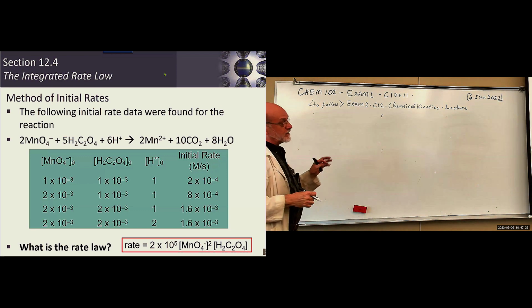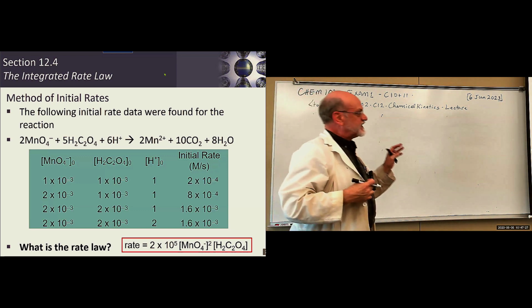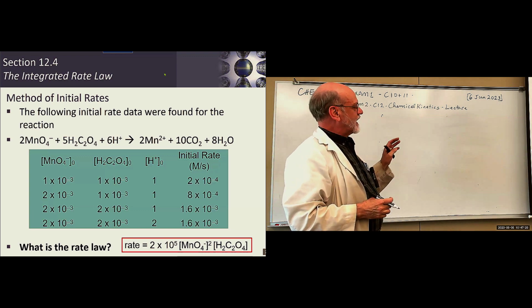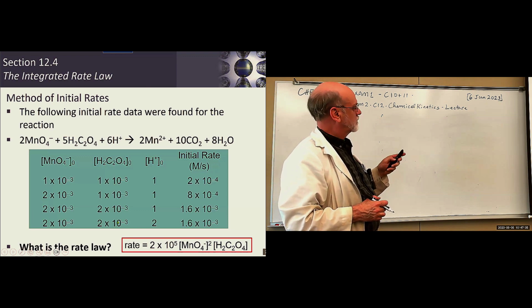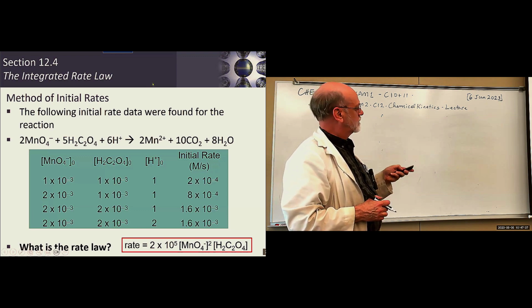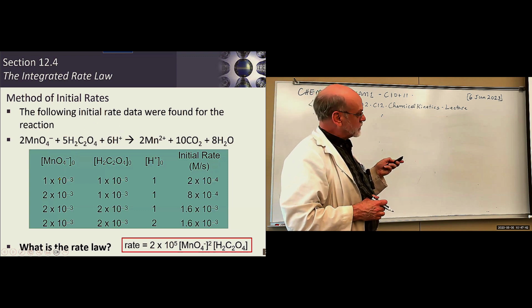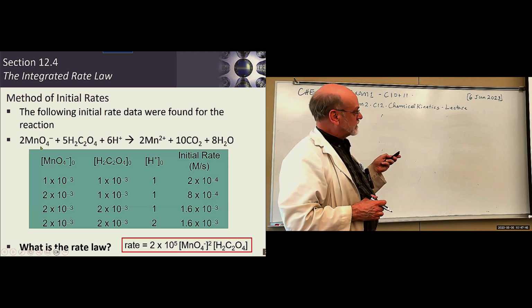So, I find it convenient to write out the reaction here, and then put the values, the concentrations, underneath each one.